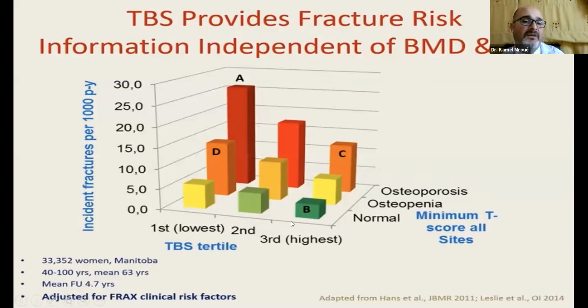Also, if a patient has normal bone density but bad bone quality, this patient will have a higher risk of fracture. Also, if the patient has osteoporosis, very bad bone density, bad bone quality will increase the risk of fracture on top of the original risk created by the bone density.